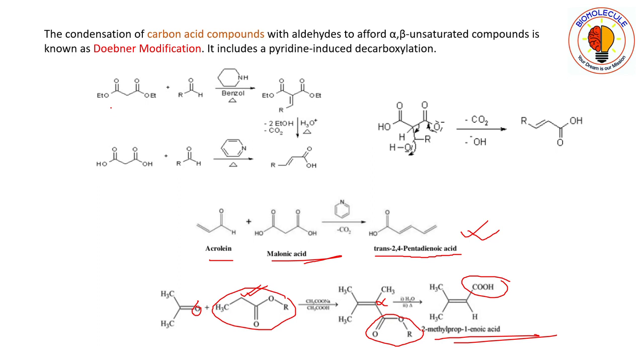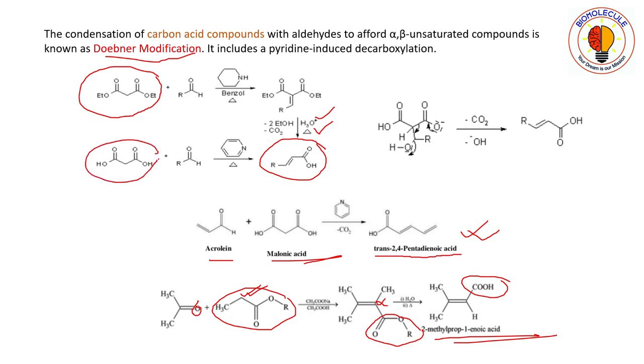So we can see that in Knoevenagel condensation we are using active methylene esters with aldehydes, and further hydrolysis followed by decarboxylation gives us the product which is the same as that of the Dobner modification, and in Dobner modification we are using acid instead of ester. And this is the mechanism for the decarboxylation.